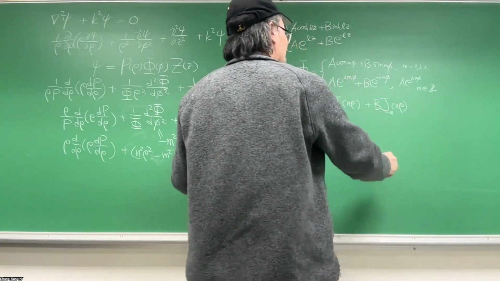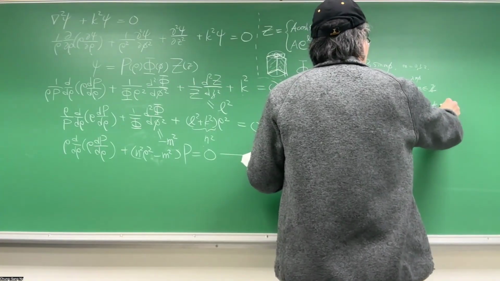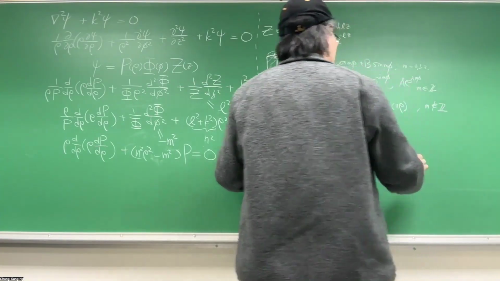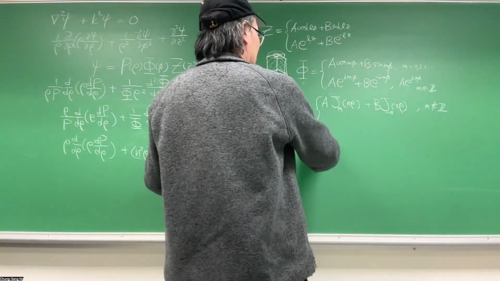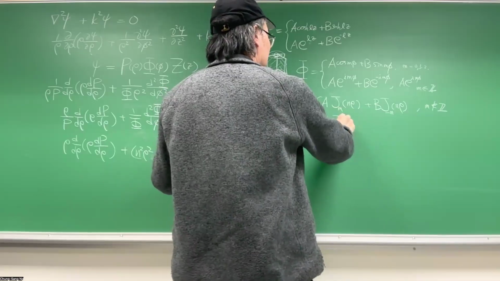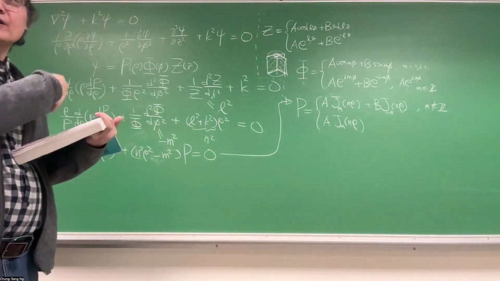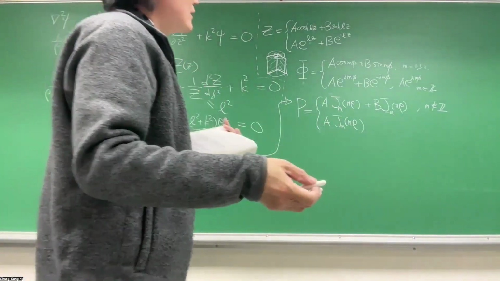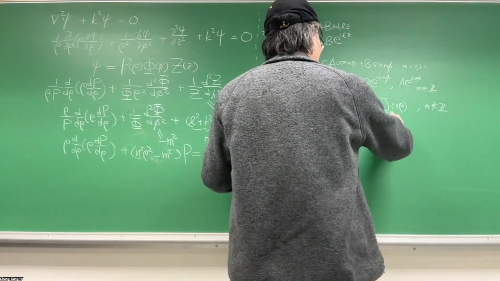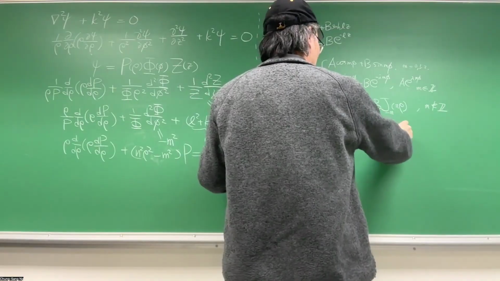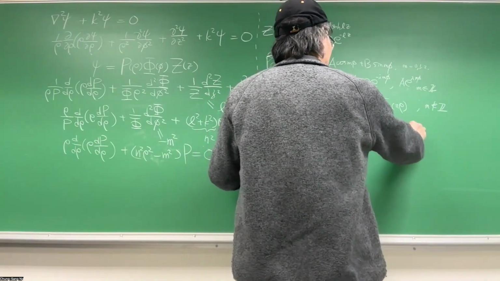Right? But if m belongs to integer, then you can use what we call the Neumann function that we talked about last time in the ODE chapter. I think the text uses y. Some people use n, but it doesn't matter.